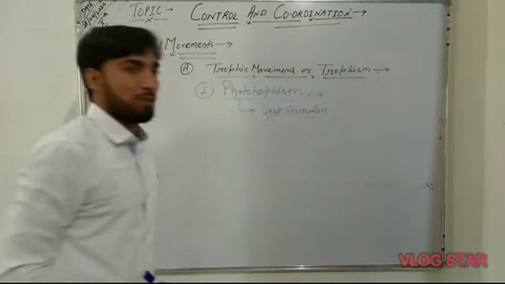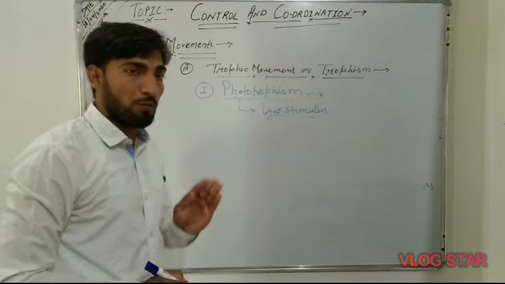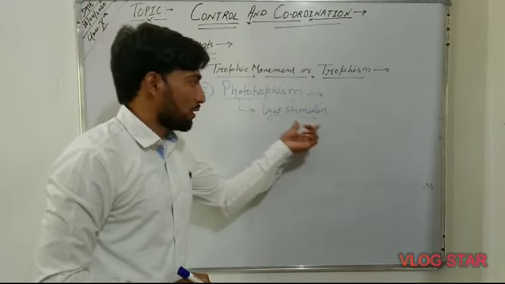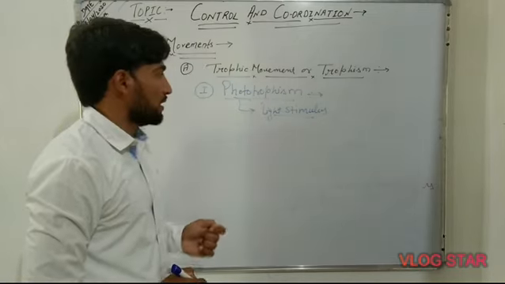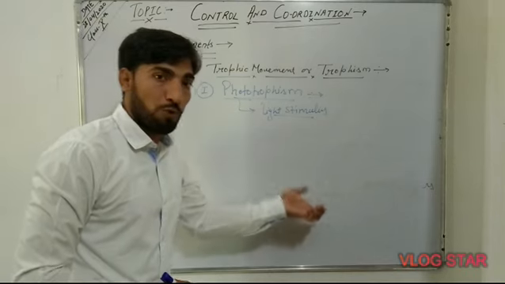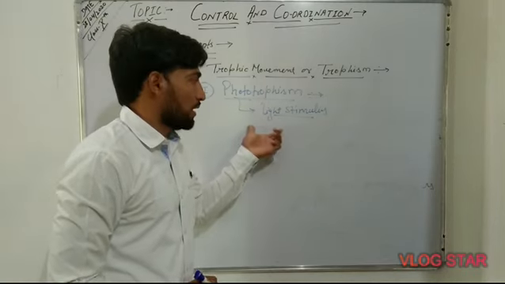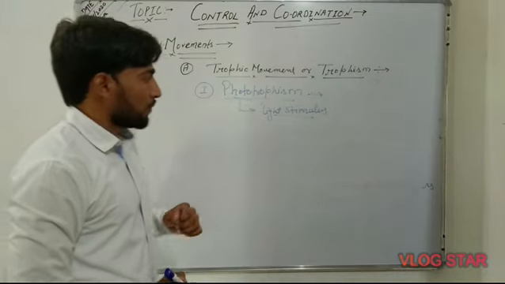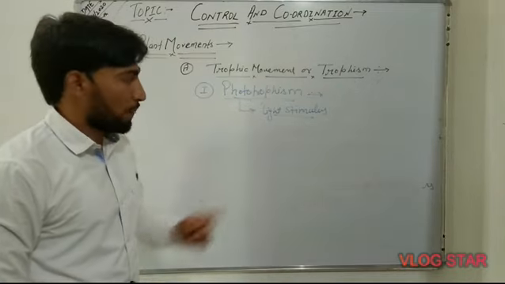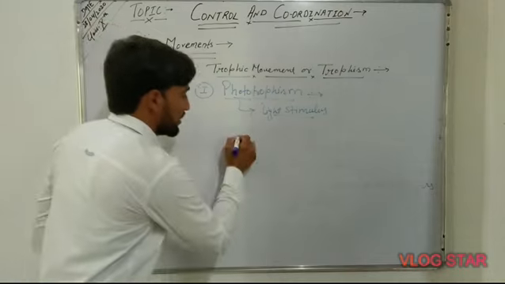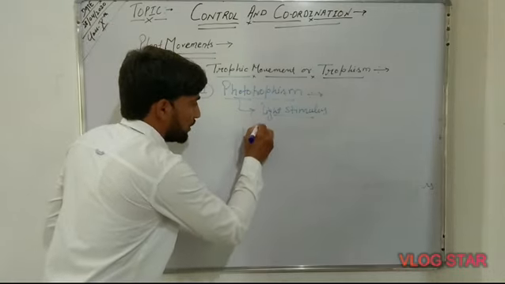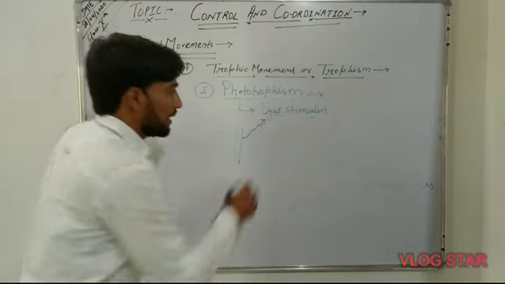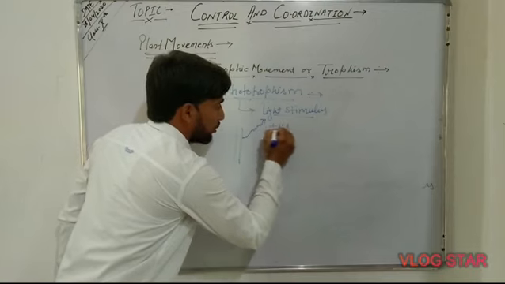Now if a plant part moves towards light, then it is called positive phototropism.